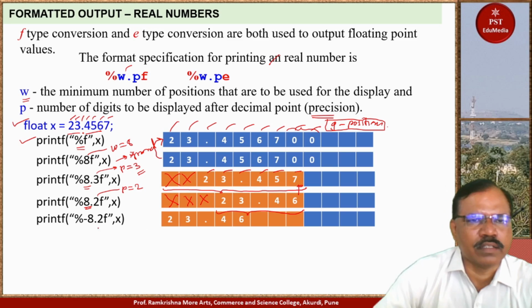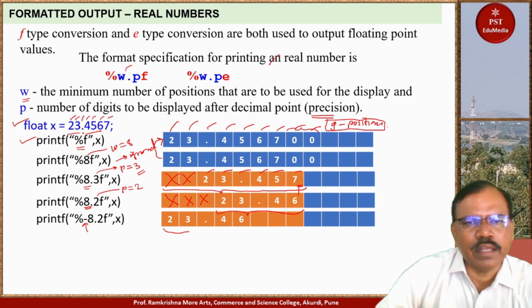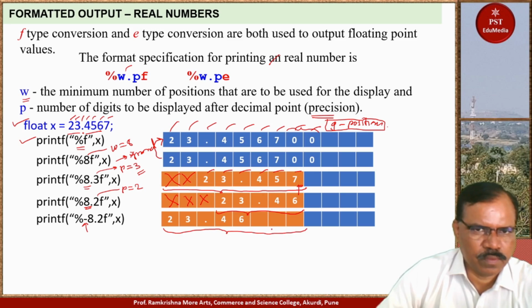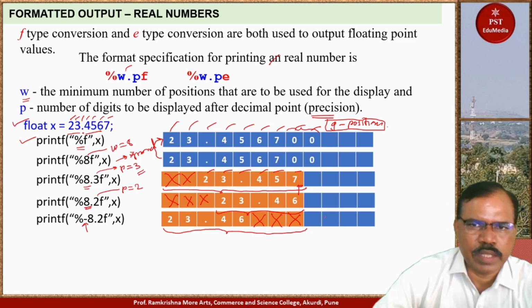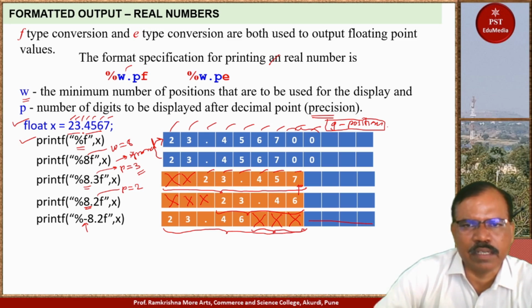Now if we take this one, here we have used the minus flag. So what happens? It is printed with 8 reserved positions. Only 5 positions are used, but it is left justified, so the last 3 places remain vacant. You can print another number there, but these 3 places will remain vacant.